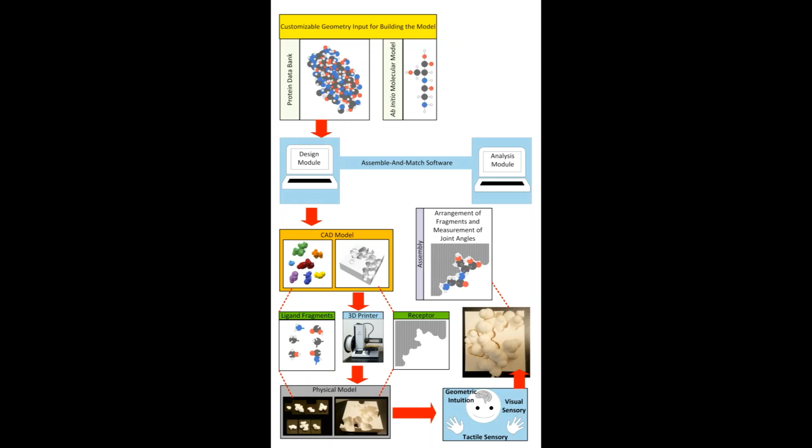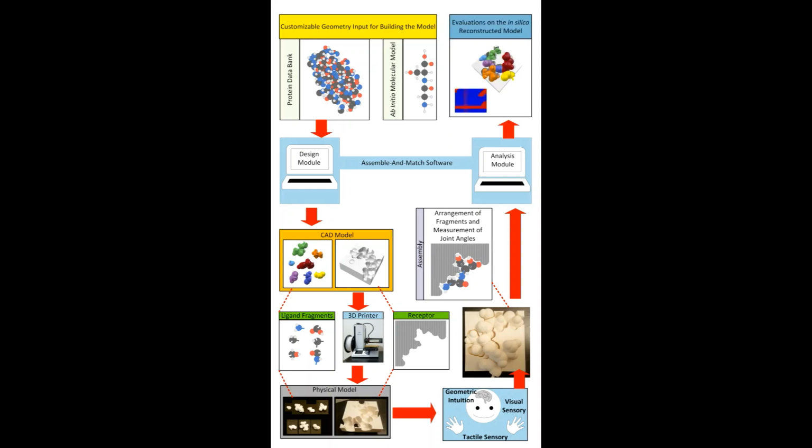They identify the conformation of the promising chain using the embedded measurement marks in the form of a set of torsion angles and then report it along with the chain sequence to the analysis module of the software to reconstruct the physical model in silico and evaluate a variety of its properties.